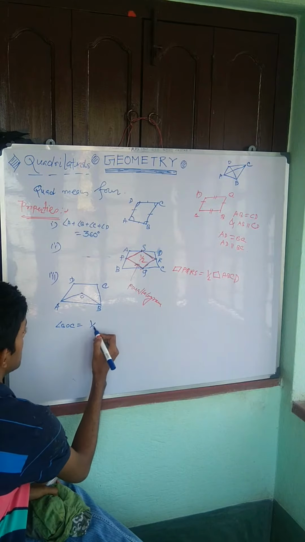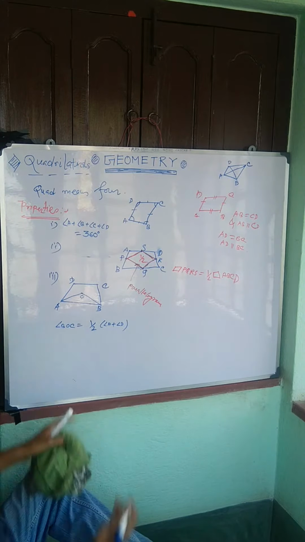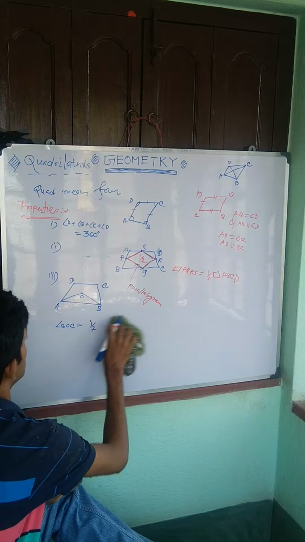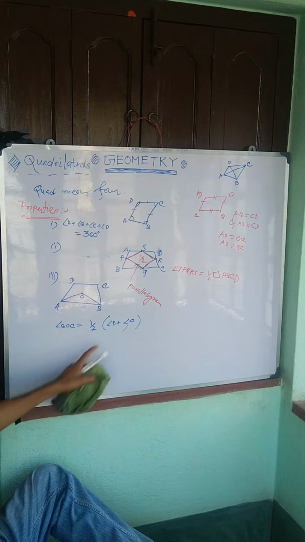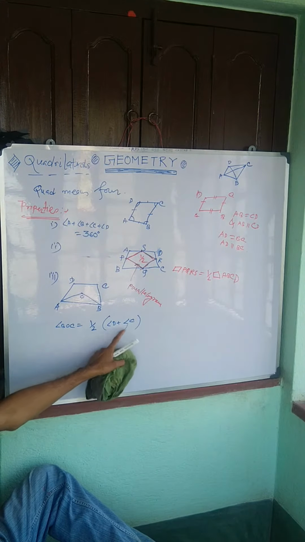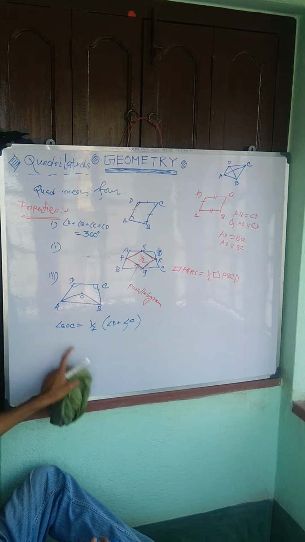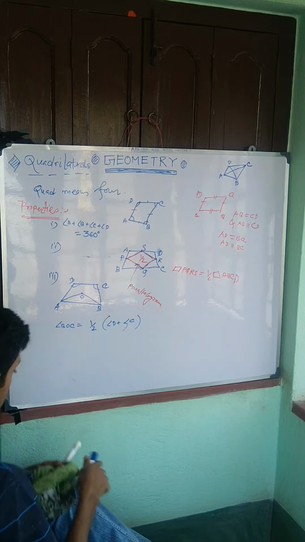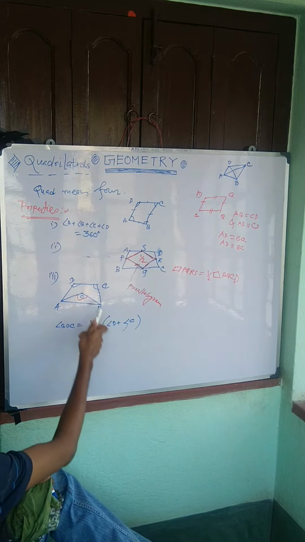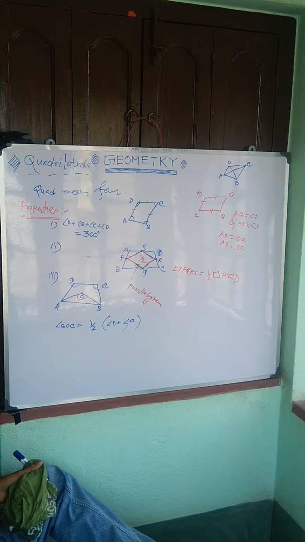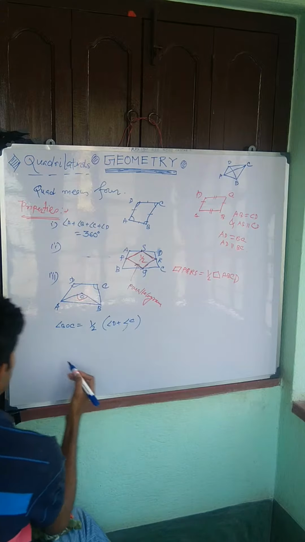This angle BOC is equal to half of the sum of angle D and angle C. These two angles have to be summed up and then halved, so this angle would be equal to half of this and this. So I can explain this property in this way.